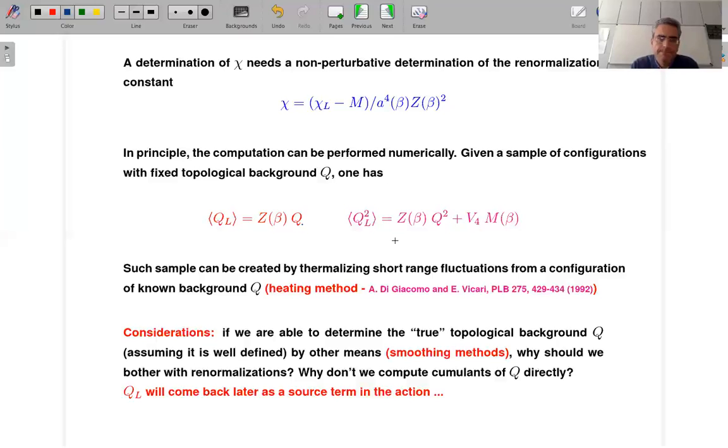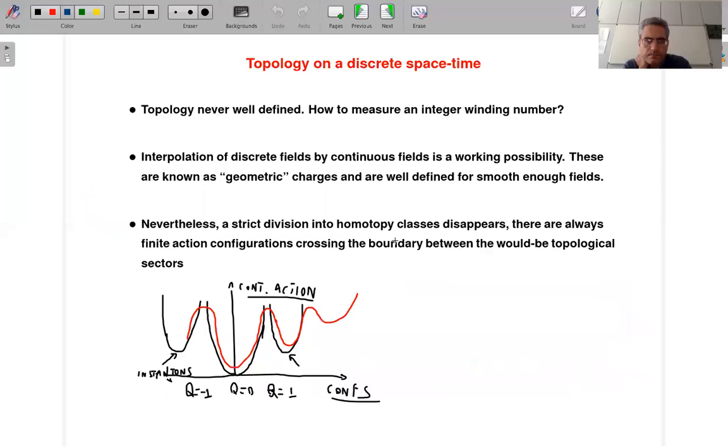Yeah, sorry. Please. Well, first one about the beginning. When you did the picture with the action, the continuous action and the configuration, you said there's an infinite well between topological charges. So this means that in a continuum setting with boundary conditions where we can define a topological charge, we're either in one or in another of these wells, right?